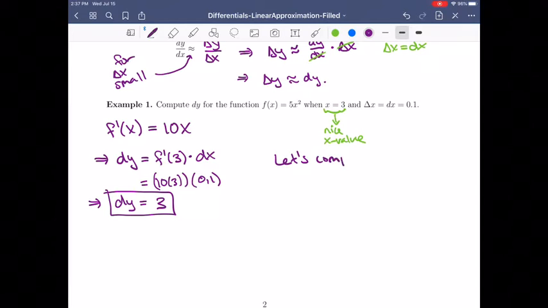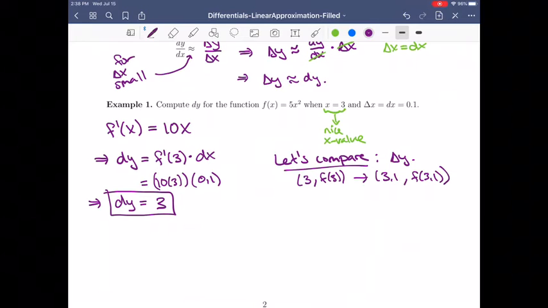Because for this one, we can actually compute delta y. So the points, I'm going from 3, f of 3, to 3.1 and f of 3.1, right? That's x plus delta x.